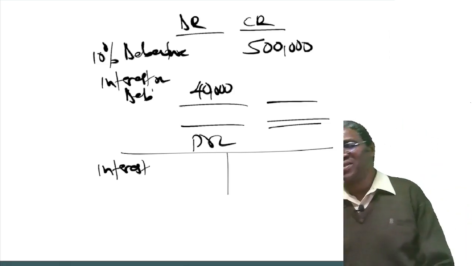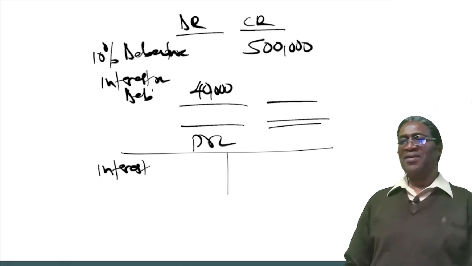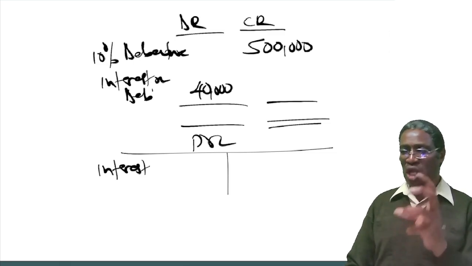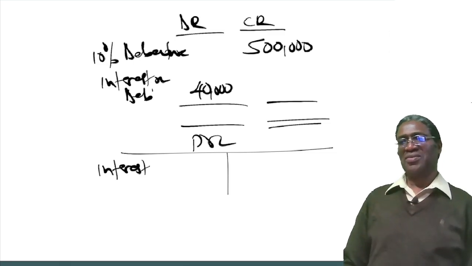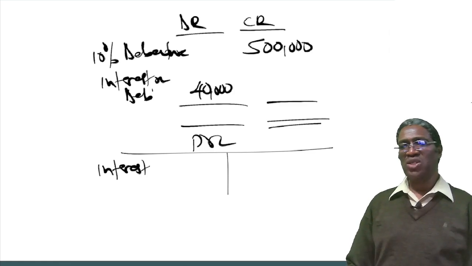Benedict says 50. Let me hear some more opinion. When you are given a trial balance of this nature, how much were you charging as interest?